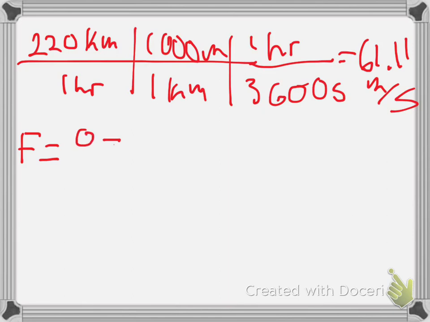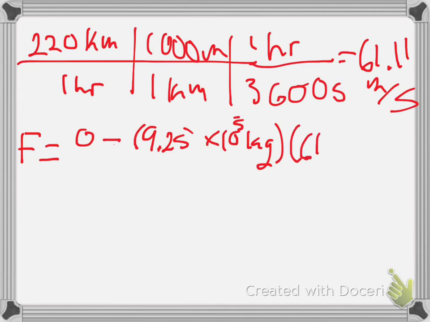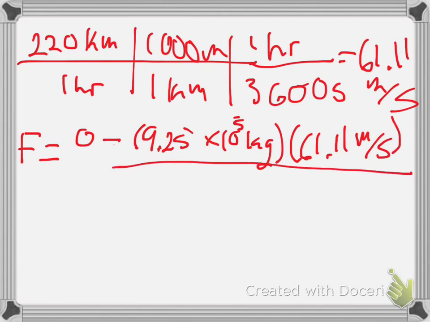So we'll say 0 minus the mass, which is 9.25 times 10 to the 5th kilograms times our new velocity that we calculated, which would be 61.11 meters per second. And then we'll divide all of that by the change in time, which they said it took 16.0 total seconds.